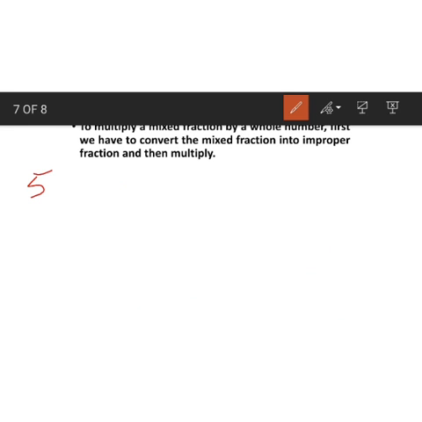Consider the whole number 5, which should be multiplied by the mixed fraction 1 2 by 3. Now we have to first of all convert the mixed fraction into an improper fraction. 1 2 by 3. When it is converted, we will have the denominator as itself. And what about the numerator?